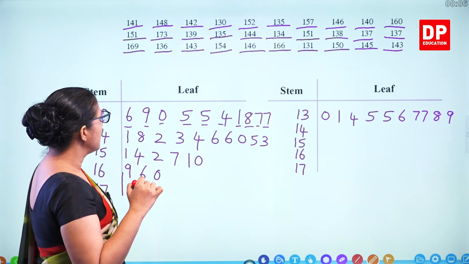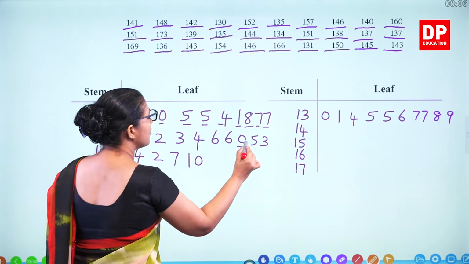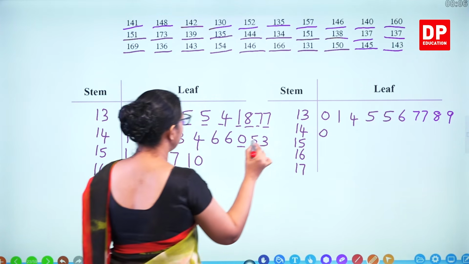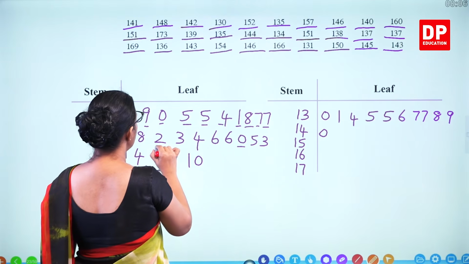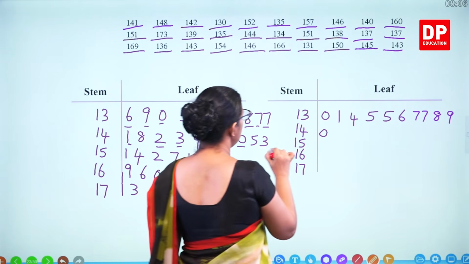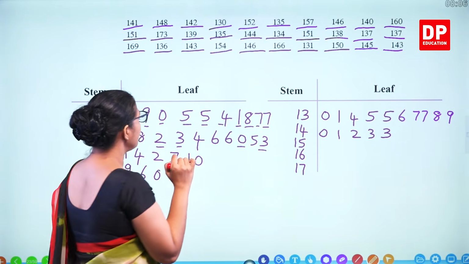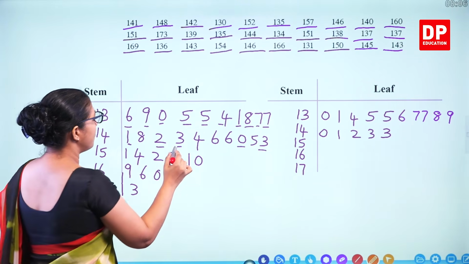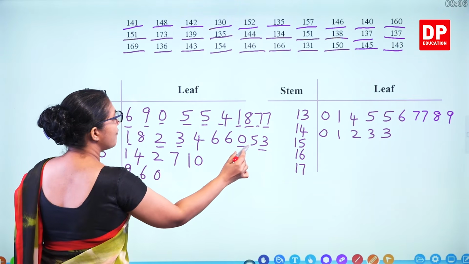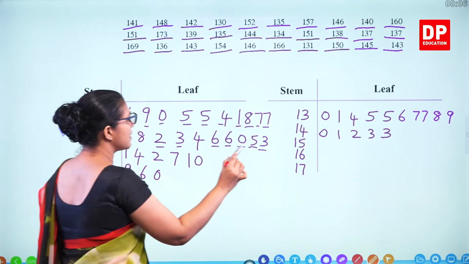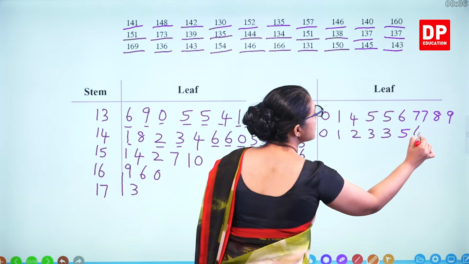14, starting from 0. 1, 2, 3, 3. Then 5, 6, 6.